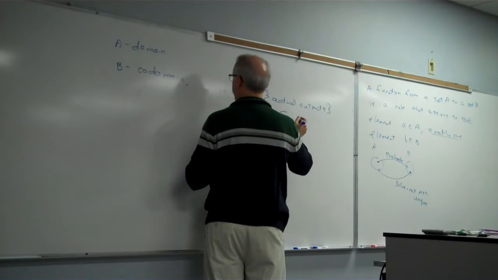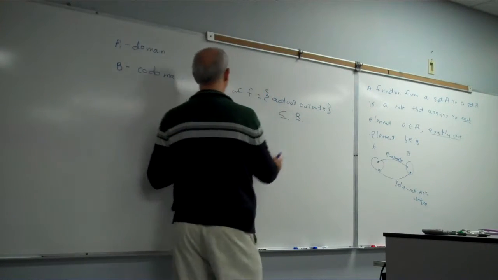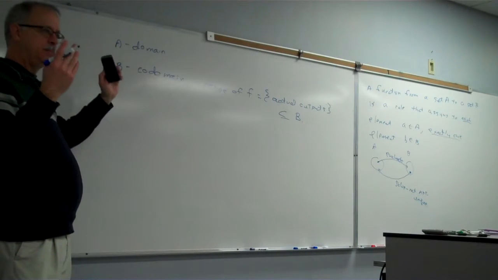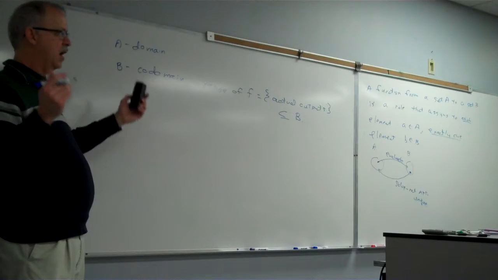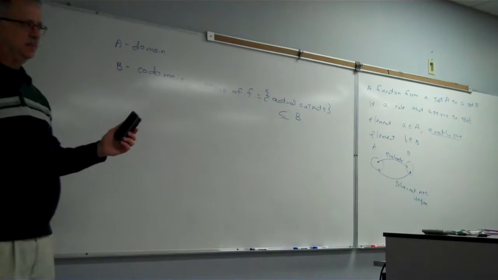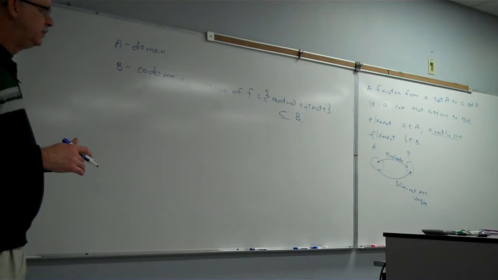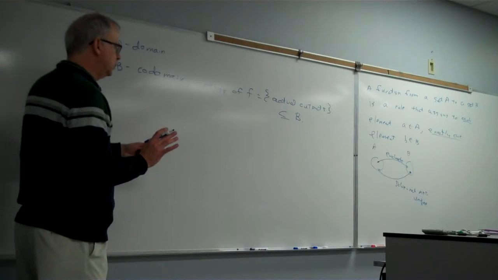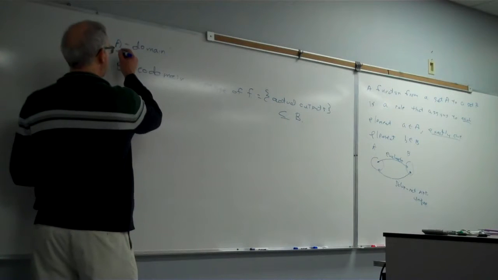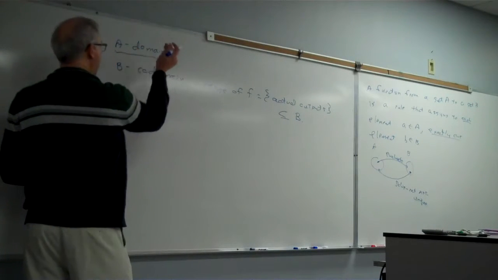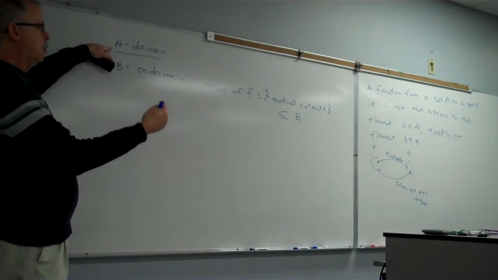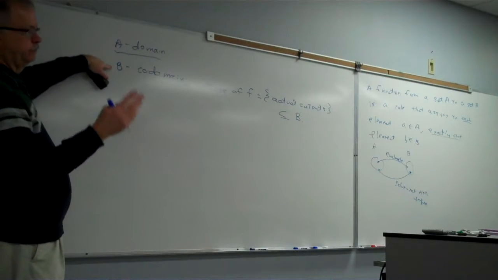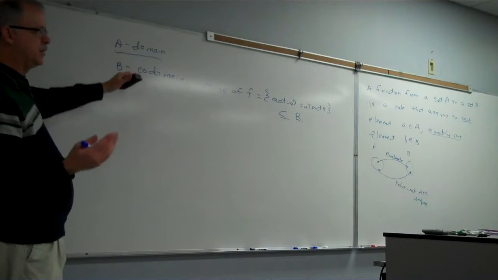And that would be a subset of the codomain. But it wouldn't have to be the entire codomain. Just because I can use the grades A through F doesn't mean I have to give anybody an A or an F. Those are just the grades I can use. So in terms of the domain, we only put things in the domain that we really are going to assign to something, but in the codomain, we don't necessarily have to get all the possible outputs.